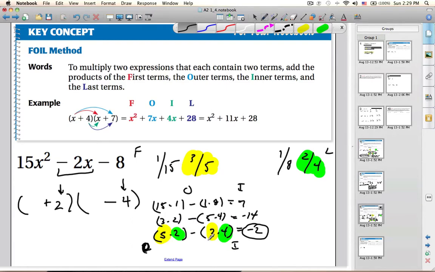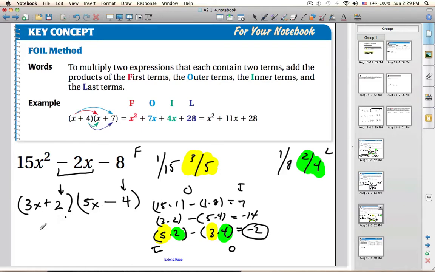Well, remember, the way I've written it, it's backwards. These have to actually be the insides, and these have to be the outsides, because you see the 4 is on the outside. So this 3 has to go over here in the other binomial. If I put the 3 in this binomial, it'll never be multiplied times the 4. Okay, that means the 5x goes over here. So these become insides, those become outsides, and now if I test 3x times 5x, 15x squared, I got the right first.